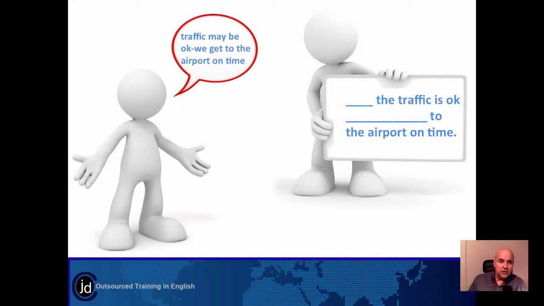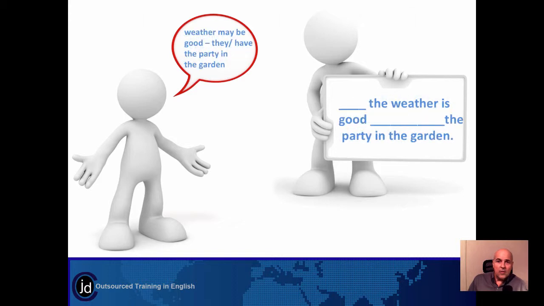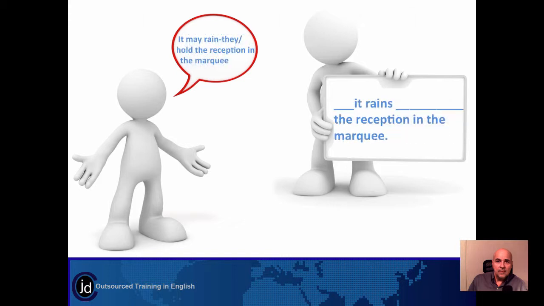Let's build some conditionals from some sentence fragments. Traffic may be okay. We get to the airport on time. If the traffic is okay, we'll get to the airport on time. Weather may be good. They have the party in the garden. If the weather is good, they'll have the party in the garden. It may rain. They hold the reception in the marquee.